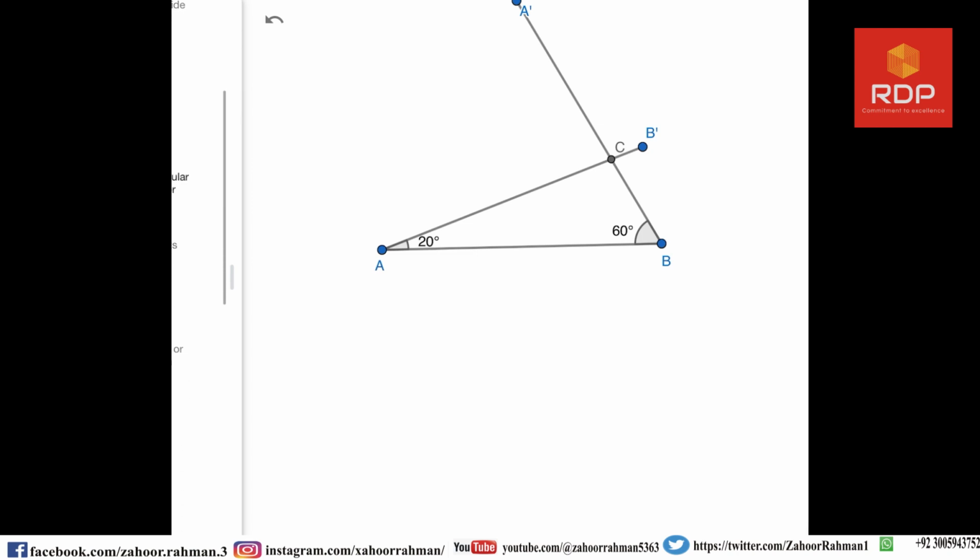So let's do it. I am measuring this C angle from here, and you can see that it is given to us as 100 degree.